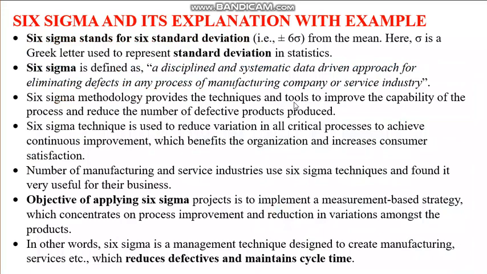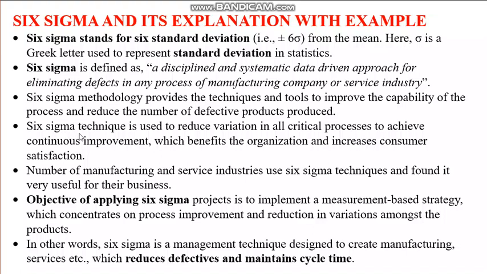So here Six Sigma is aiming at improving the capability of the process and thereby reducing the number of defective products. So Six Sigma is providing the techniques and tools to improve the capability of the process.